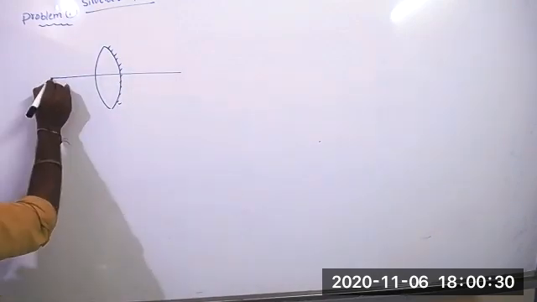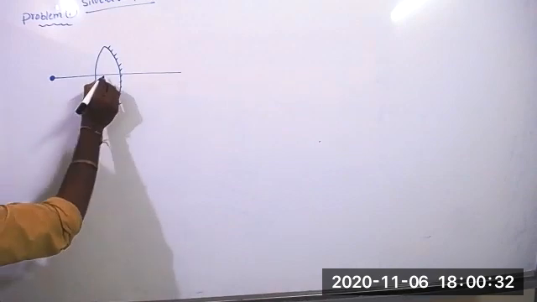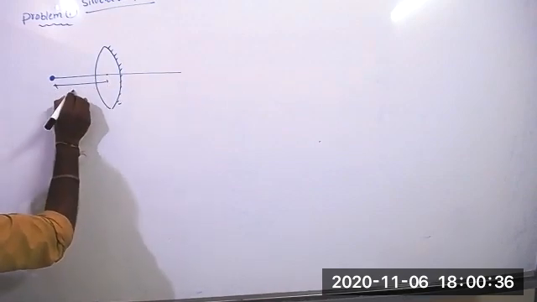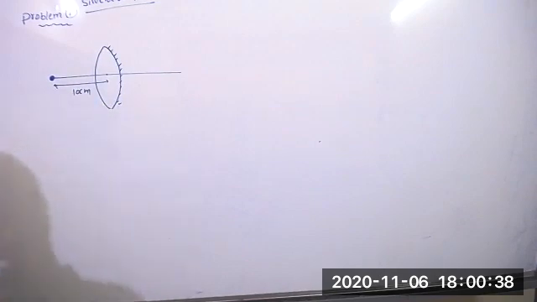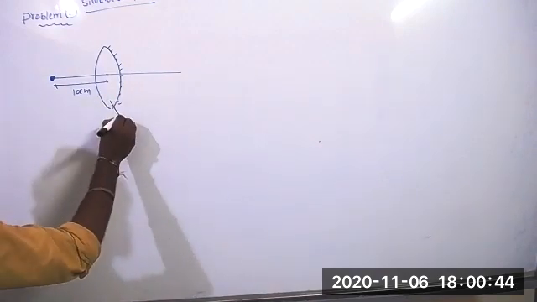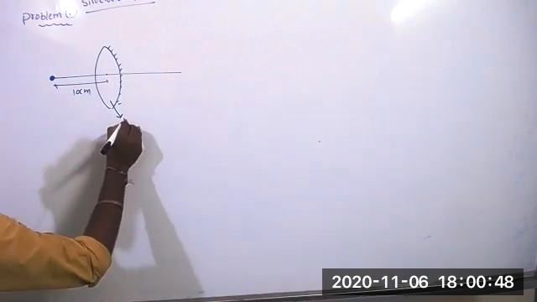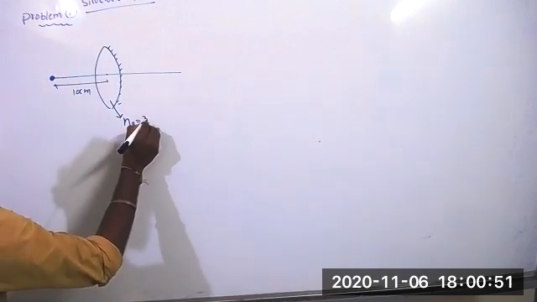They have given the object here. That object distance is 10 centimeters. The refractive index of the lens NL equals 3 by 2.